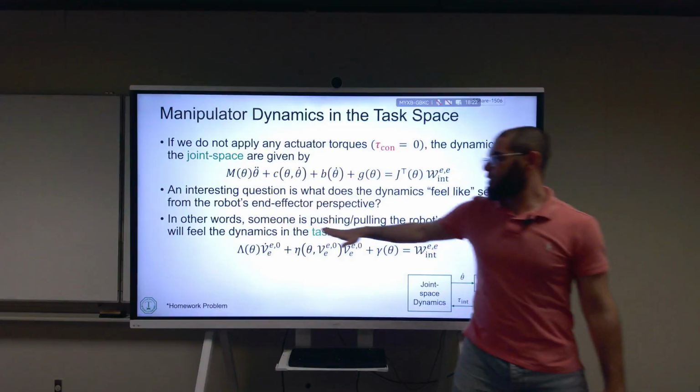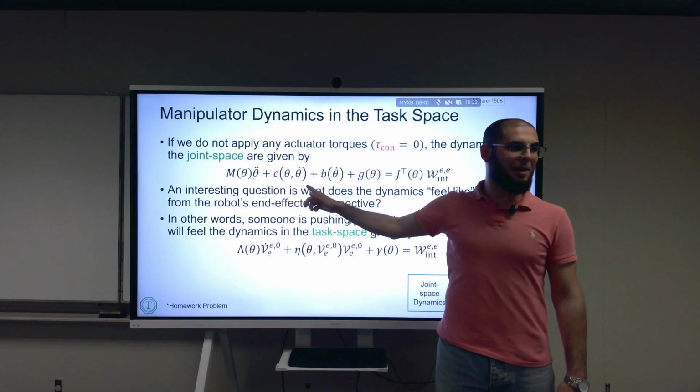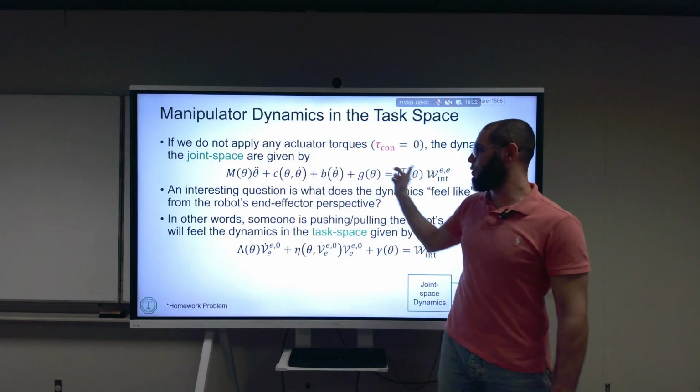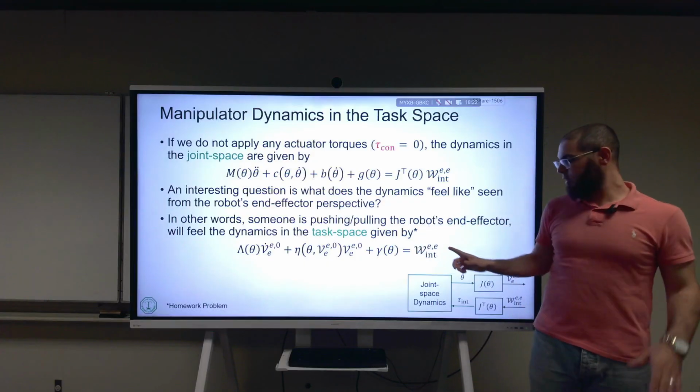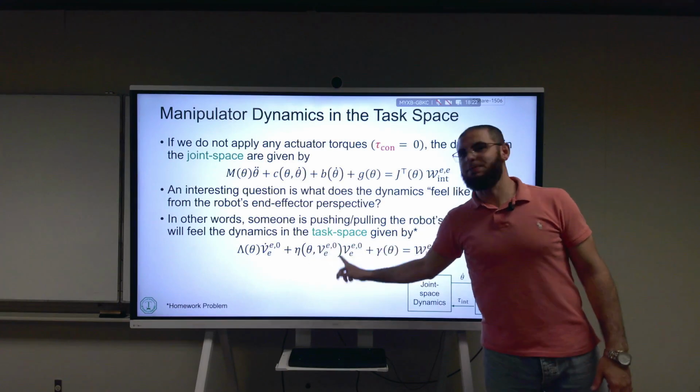If this was an n-dimensional equation, n simultaneous nonlinear ordinary differential equations, this will be a 6-dimensional one, because I have 6 components of the wrench and 6 components of the twist. So this will have to be a 6 by 6 matrix.